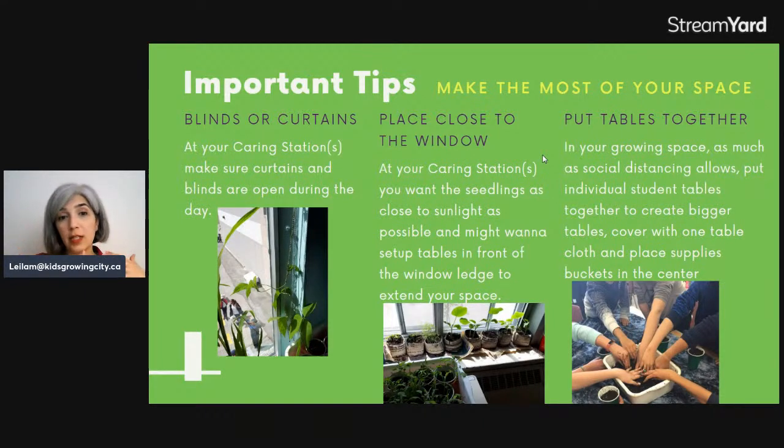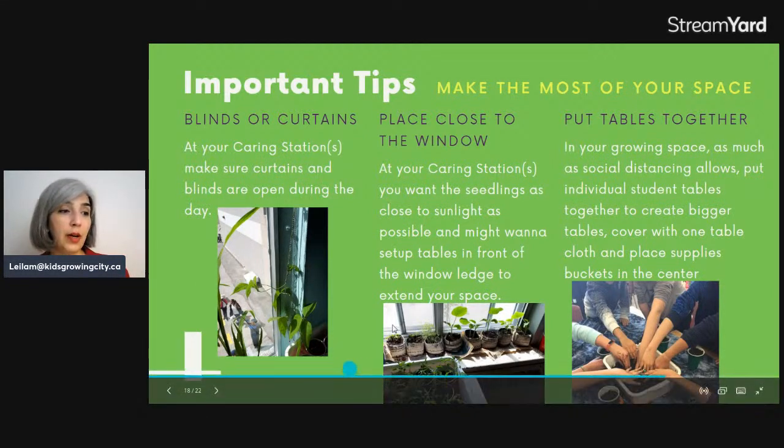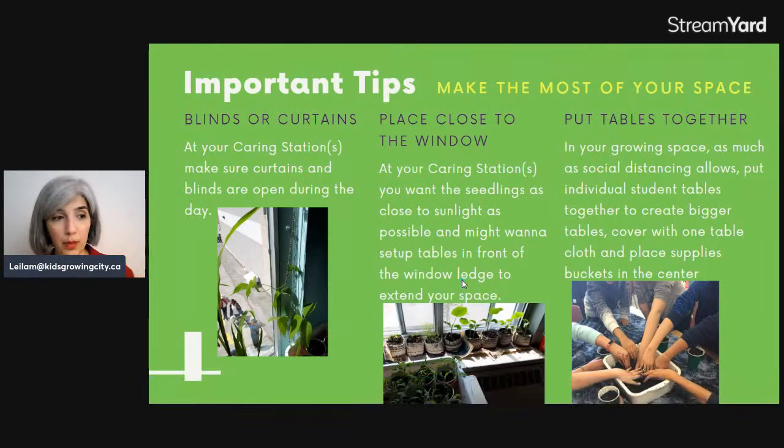You want your seedlings to be closer to the window, as you can see in the picture that I have over here. Especially the ones that require more sunlight, you want to put them closer to the window.